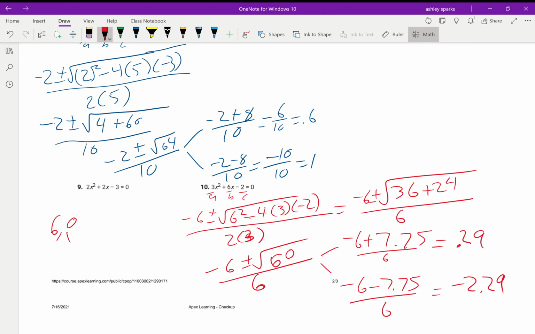So what is 60? It would be 6 and 10, which would be 5 and 2, and 3 and 2, which means my 2 can be taken out. So it might have looked something like negative 6 plus or minus 2 square root 15 over 6 in Apex. Might be something that you see in there. So I'll leave it there.